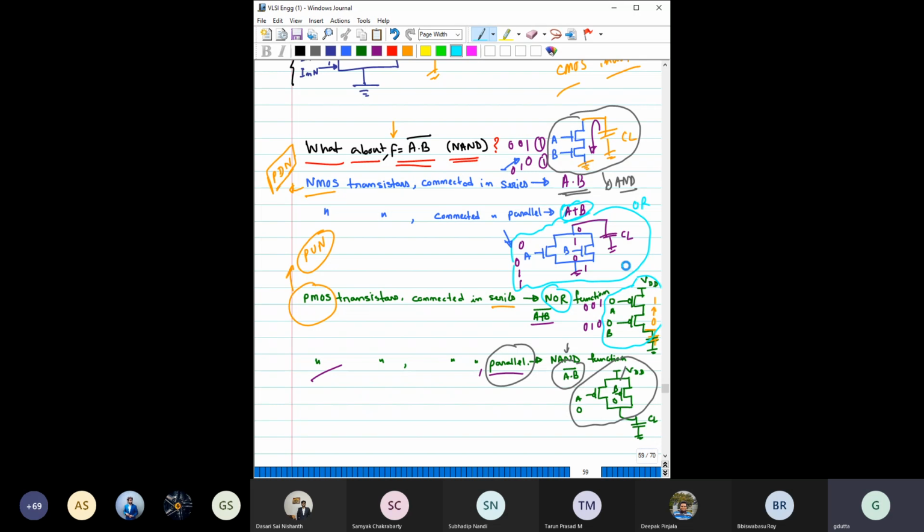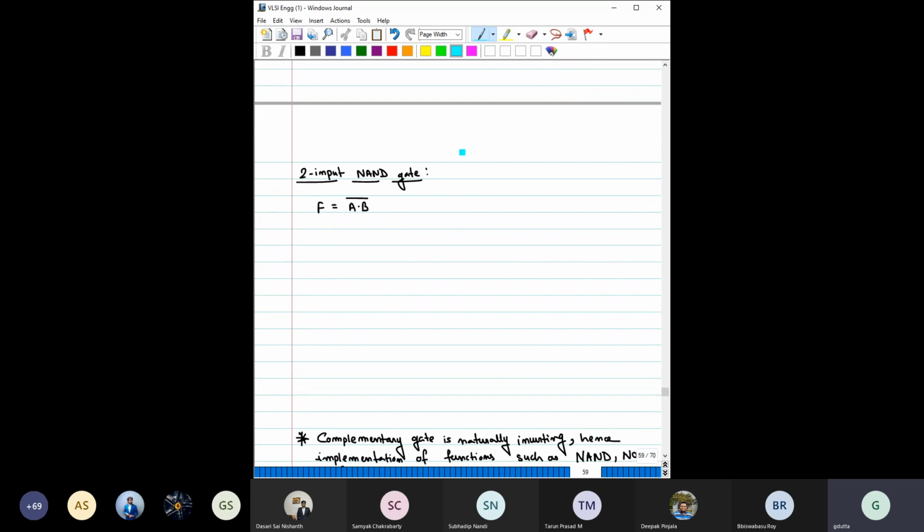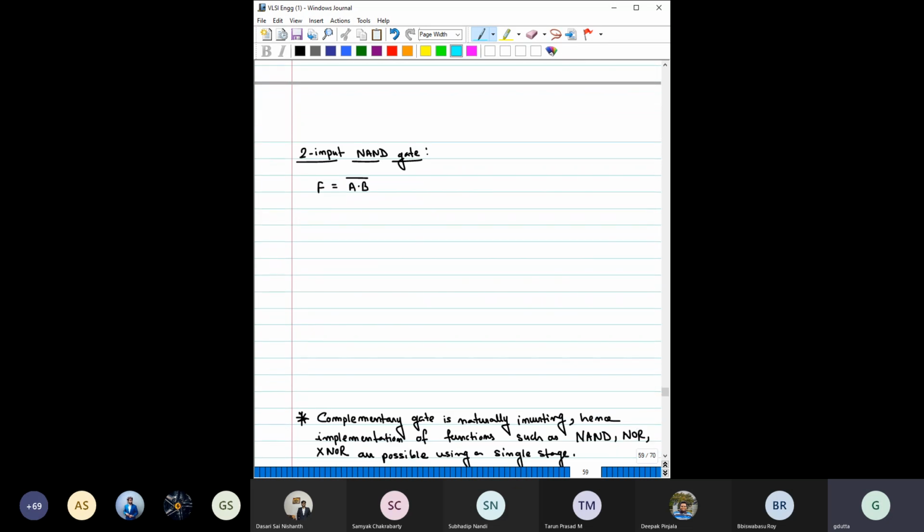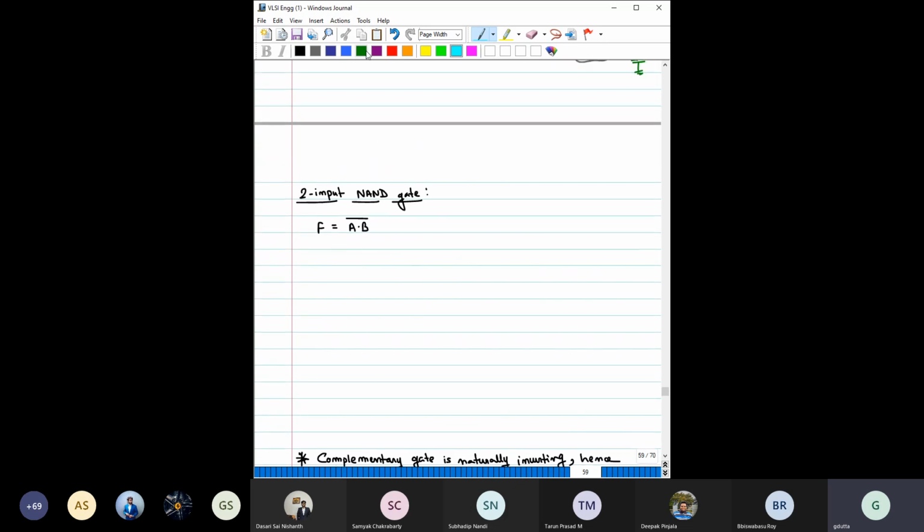Okay, so based on this understanding, let us now try to design this F equal to A dot B bar, or the two input NAND gate. Then what would be the two input NAND gate structure from this transistor level point of view? So now we are doing the transistor level implementation. So definitely we know this A dot B bar.